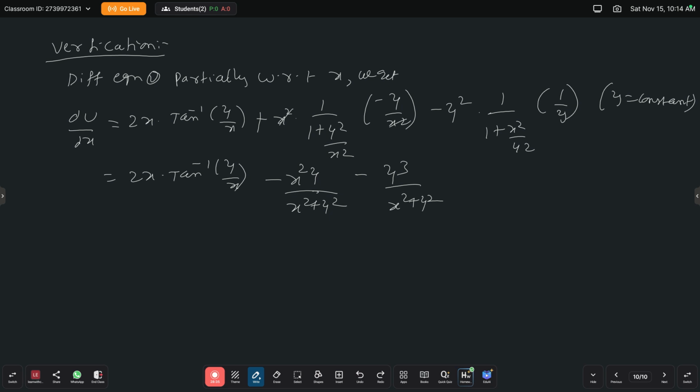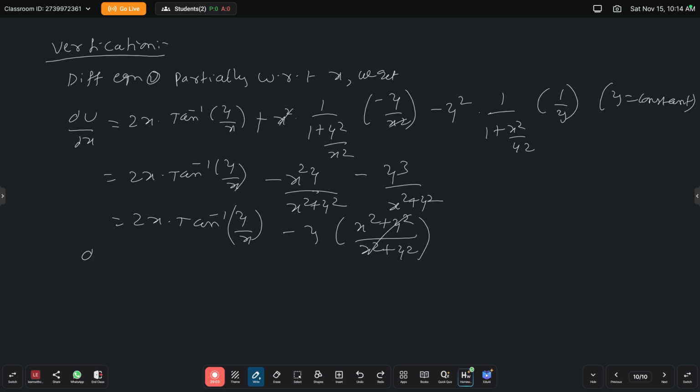Y will be cancelled, y into y square, like that, y cubed. Now 2x into tan inverse of y by x. Now the common is minus y. X square plus y square by the same denominator x square plus y square will be cancelled.